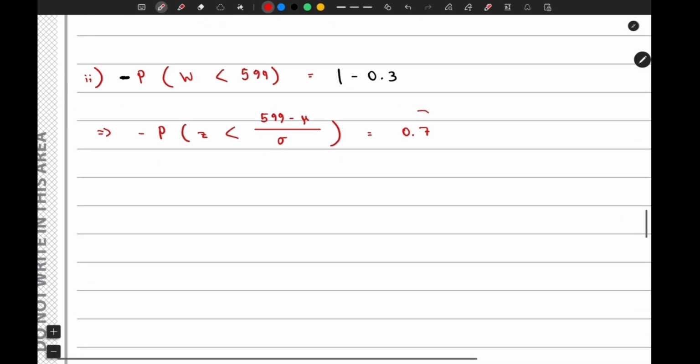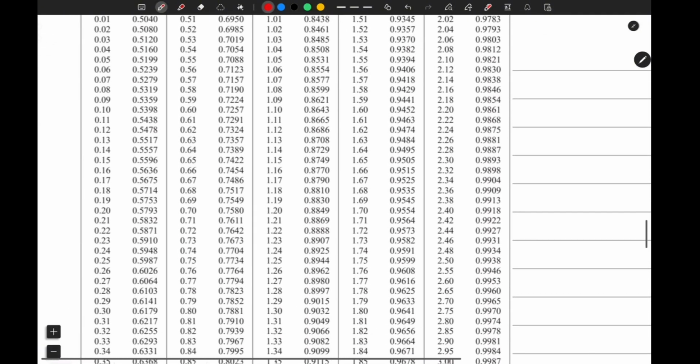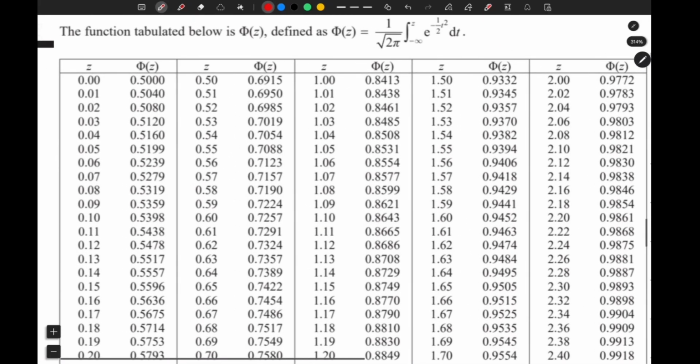So when the probability is 0.7, we need to find the value of z. We do not have a value of phi z that is exactly 0.7, but these two values are close. As you can see, the second value is much closer to 0.7 than the first value.